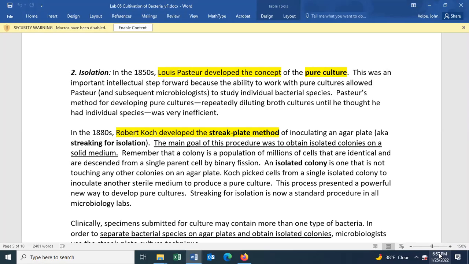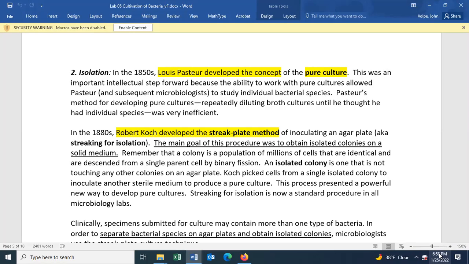He did a limiting dilution in a liquid culture, and he made different dilutions. And if one dilution had only 1 tube in 10 showing growth, he then reasoned that that culture, the 1 in 10, is probably pure.